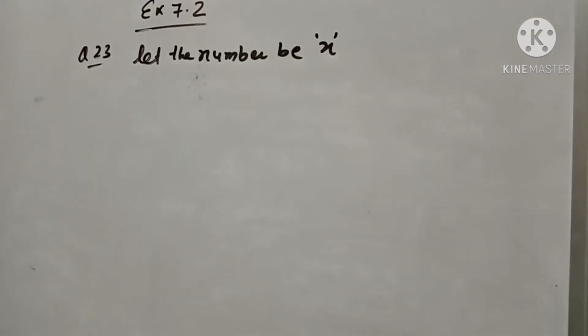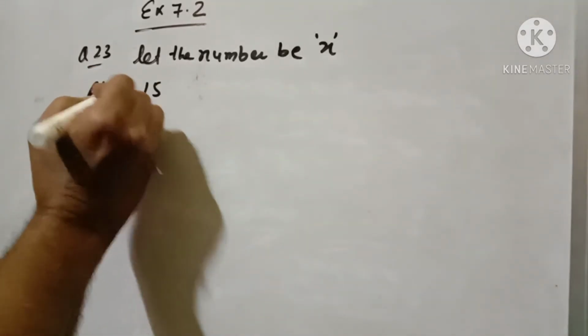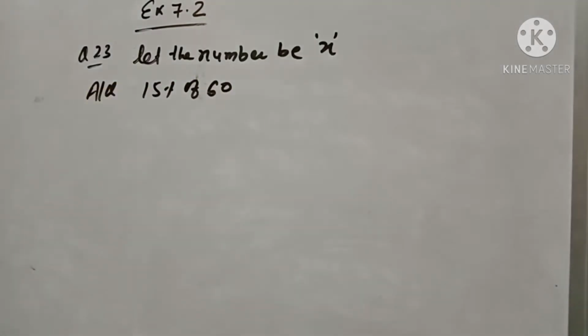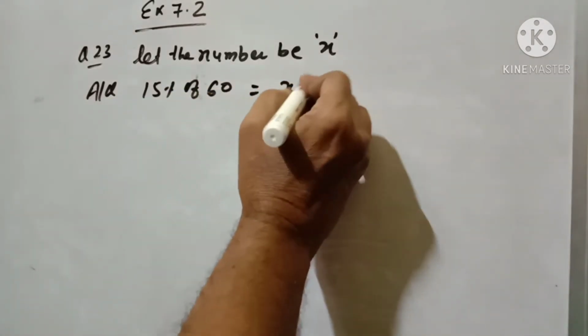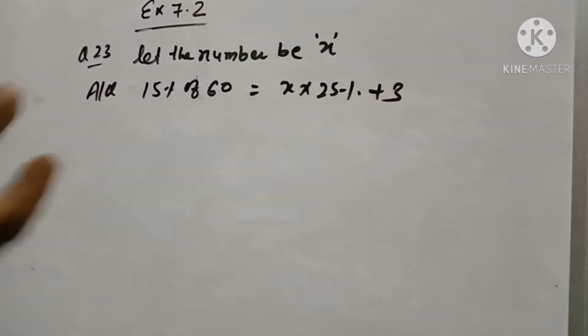So according to the question I can write, 15% of 60 is greater than 25% of the number by 3. So 15% of 60 equal to x of 25% plus 3. So this is our equation.